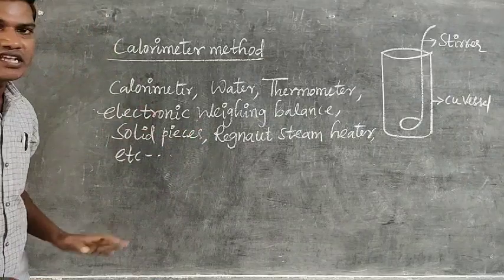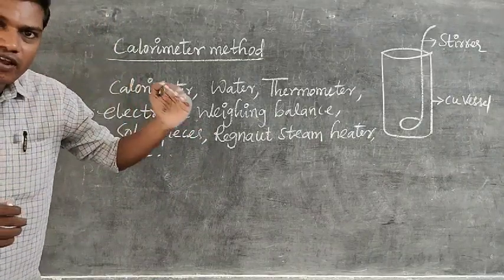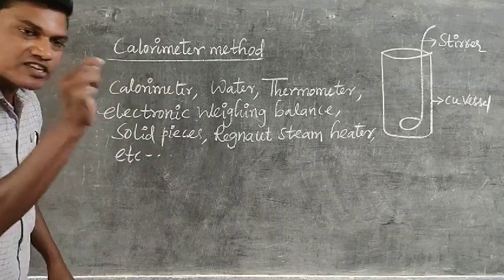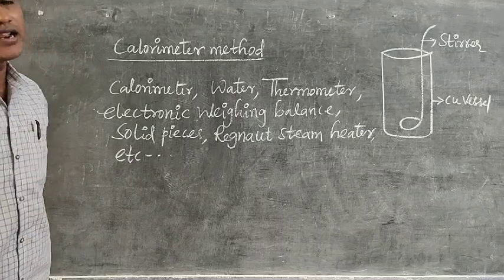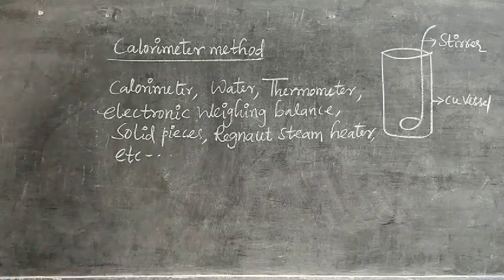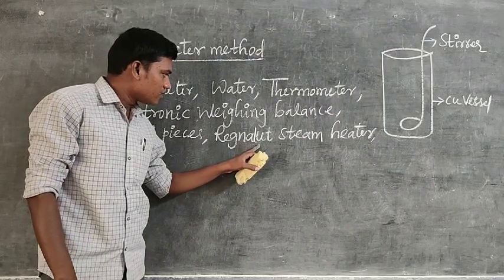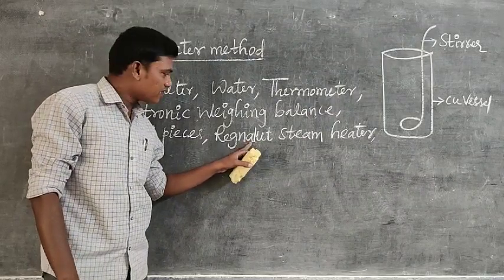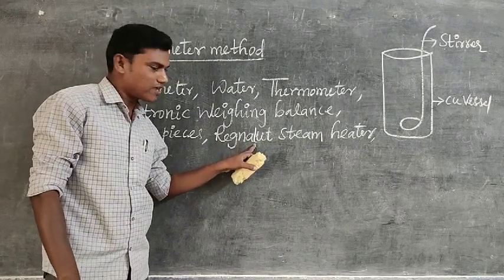These are the materials required for us to find the specific heat of a solid experimentally by using the calorimeter method. Here initially I made one small mistake. I didn't write the L in Regnault's. That is the only correction.